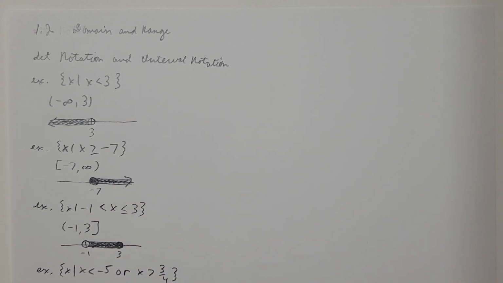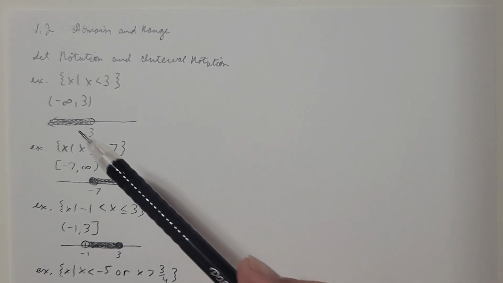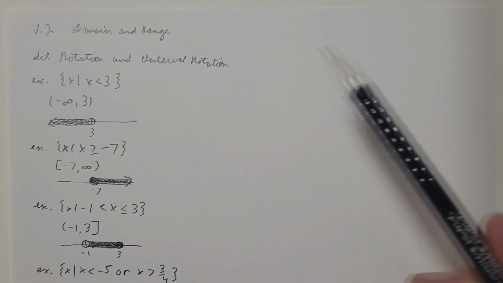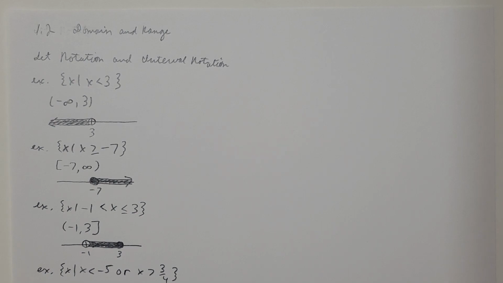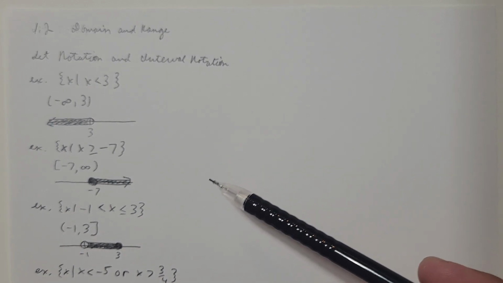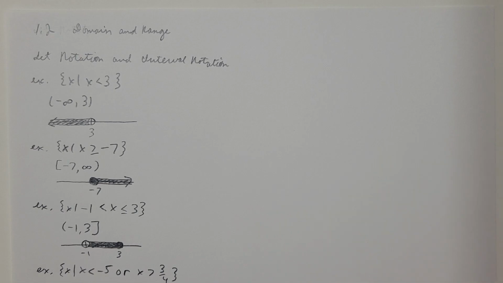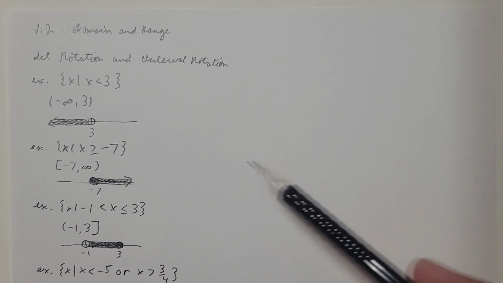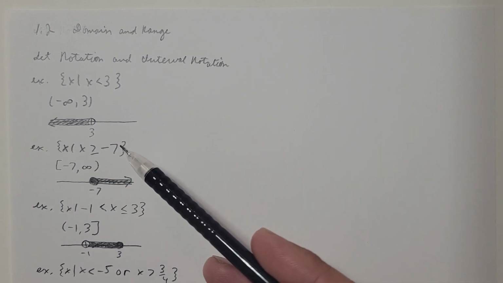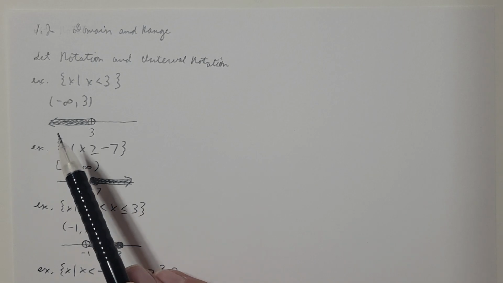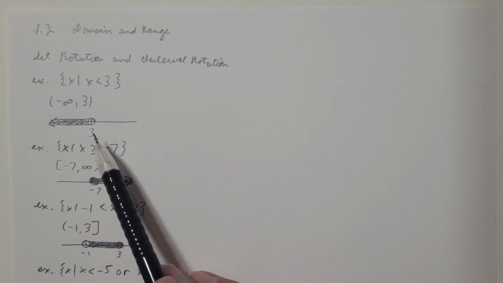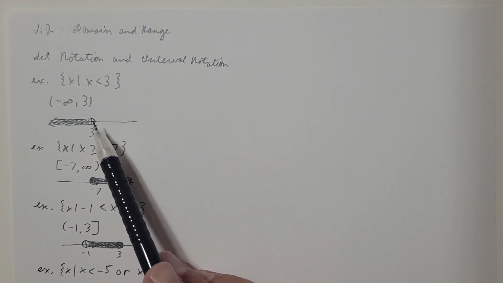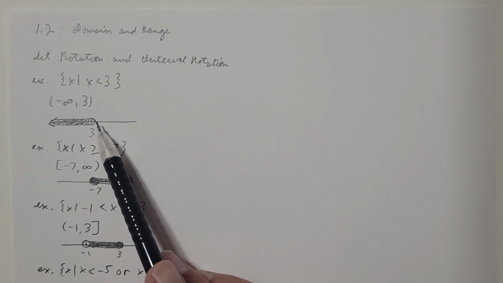Also, another thing with interval notation is that order matters. You always want the smaller quantity first, the bigger quantity second, as you read this from left to right. So if somebody were to write 3 comma negative infinity, that wouldn't make any sense to anybody. And then on the number line, if we were to graph that, I mark out 3, and then I'm going to put an open circle above 3.